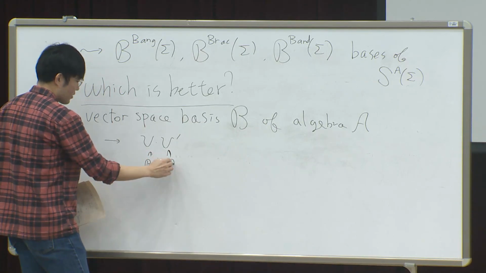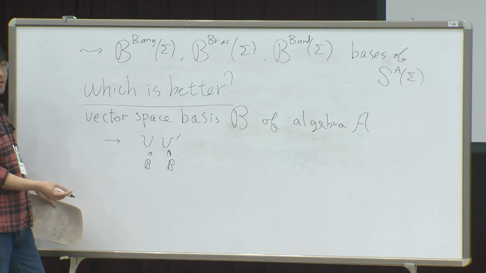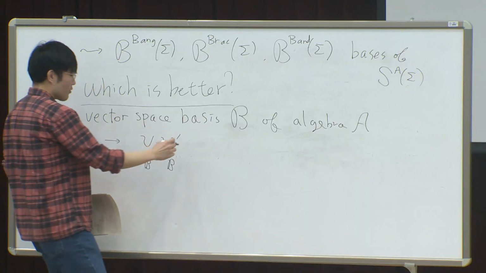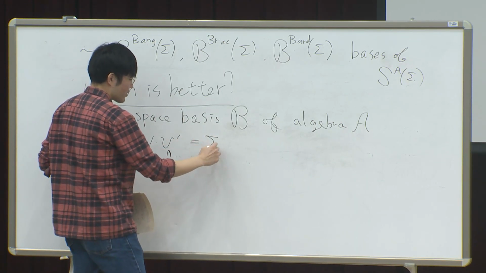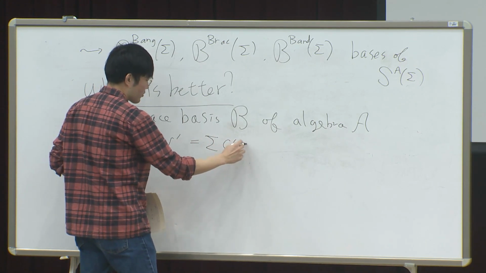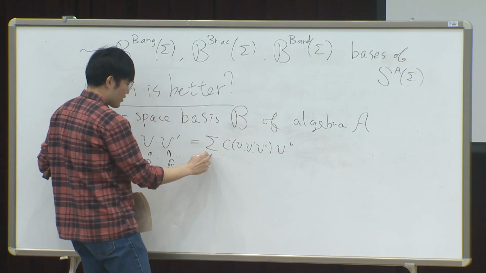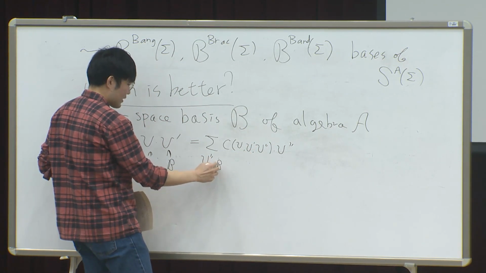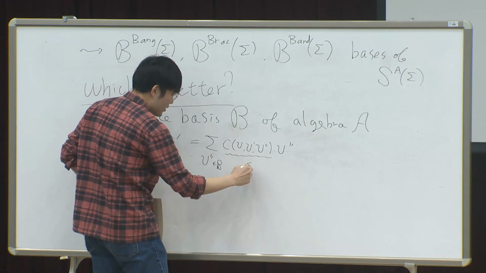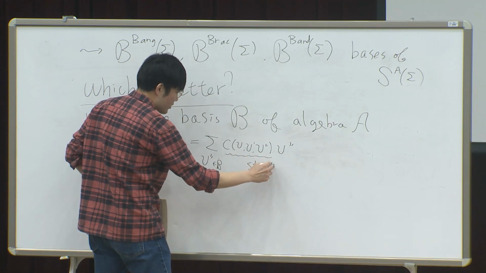And since this is also an element of the algebra, you can write it as a linear sum of the other basis vectors with some coefficients. And these coefficients are called structure constants of this basis.